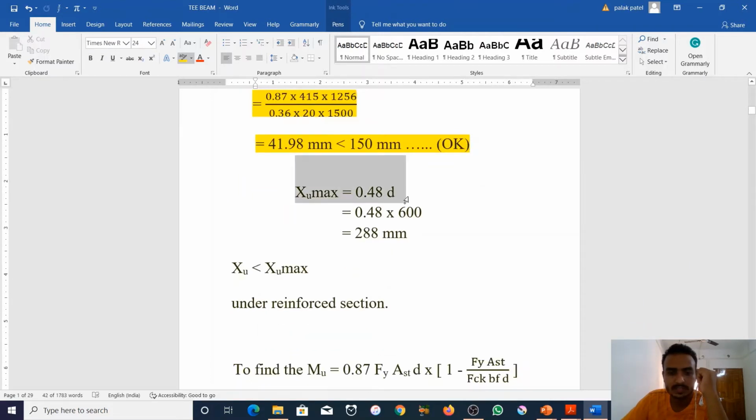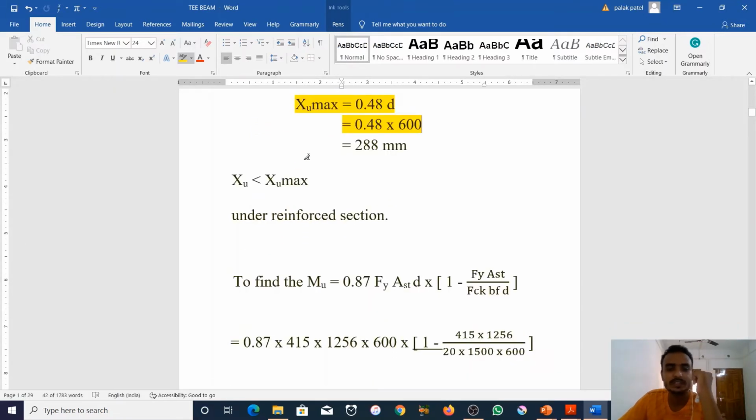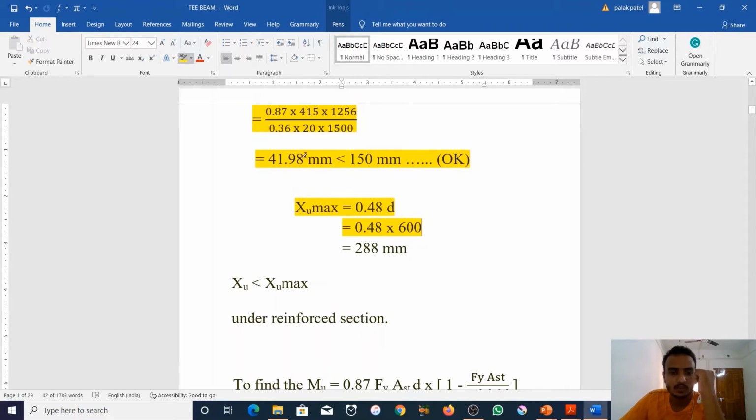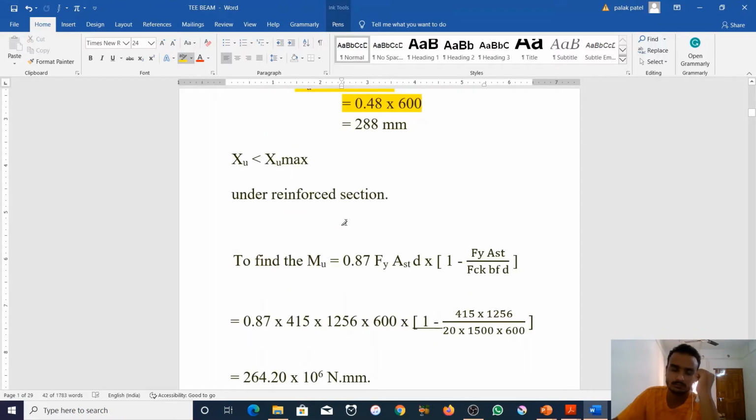That's the xu. xu max is 0.48 d, where d is the effective depth of the beam. So 0.48 into 600, the value is 288 mm. Then xu is less than xu max, so the beam is an under reinforced section.